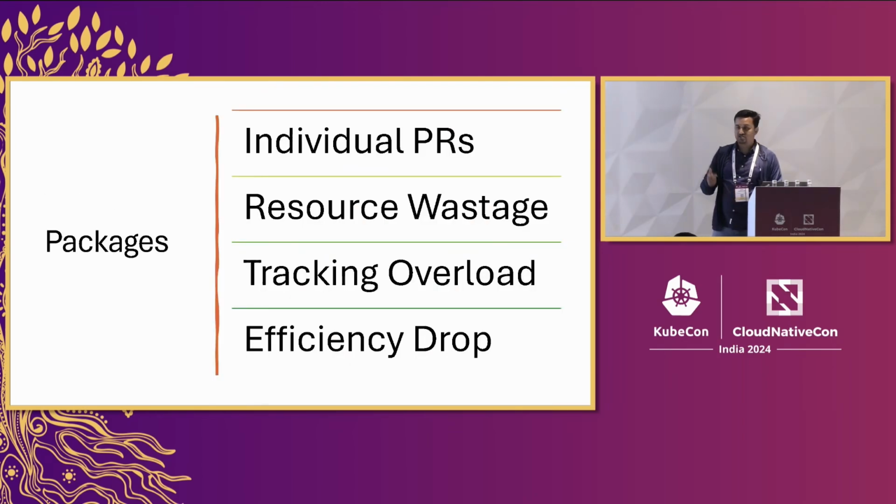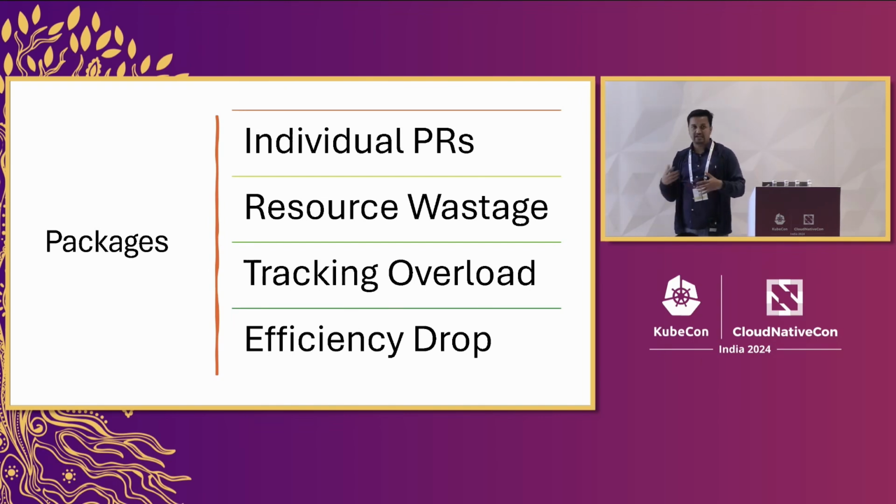And the issues that we faced was, we had to create individual PRs. Every PR had to be CI tested, so we were wasting a lot of resources on that. Then tracking overload: to track each and every one of the 548 packages to see which one is getting a version bump. Suppose we have updated one, and by the time we update other packages, the previous one also gets a bump.